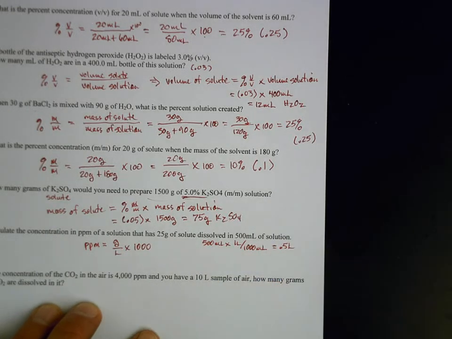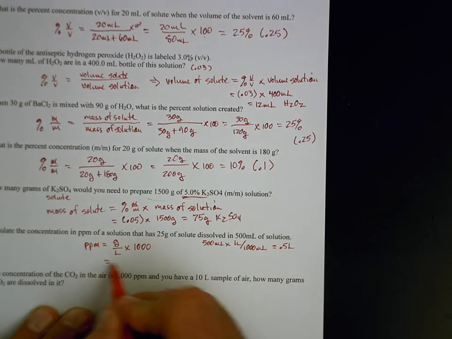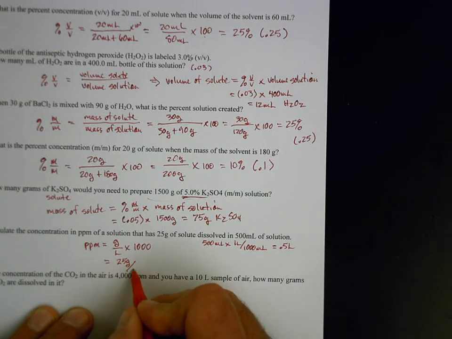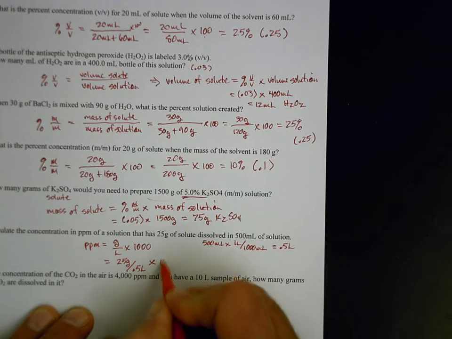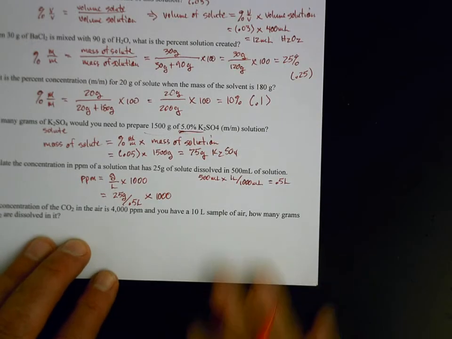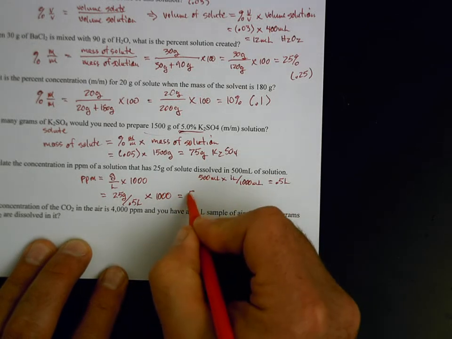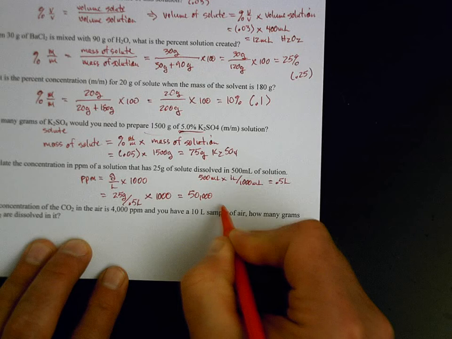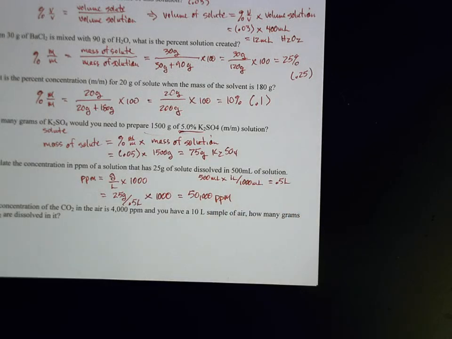So 500 milliliters is half a liter. And so here my parts per million would be just 25 grams over 0.5 liters, and then times 1,000. And this ends up being 50,000 parts per million.